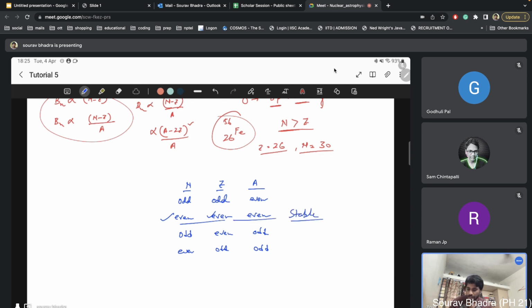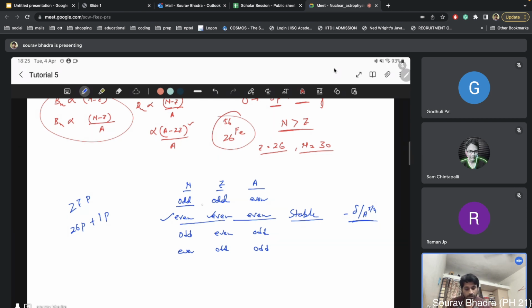And for this particular configuration, the value will be minus delta by a to the power 3 by 4. And if you have odd numbers of protons and odd numbers of neutrons, after pairing, suppose you have 27 protons, then 26 protons will be paired into 13 pairs, but there will be a single proton which will remain unpaired.